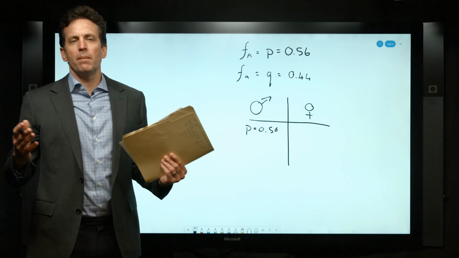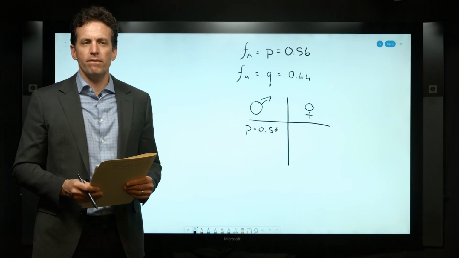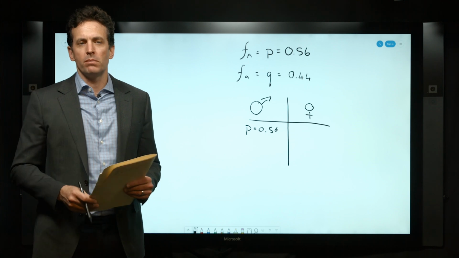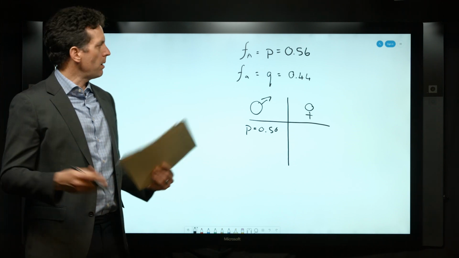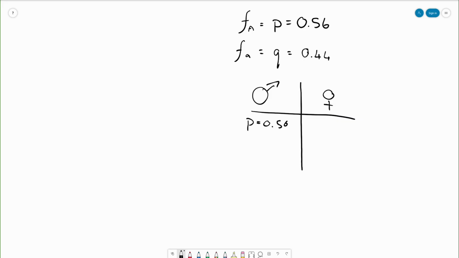And if that male gamete was to then fertilize a female gamete that was also sampled from the gene pool, what would be the probability that it would carry the big A allele? Well, of course, that would be P equals 0.56.